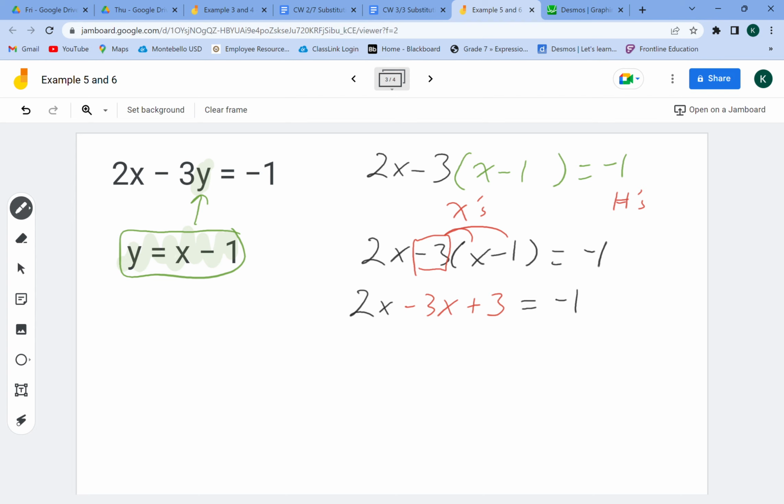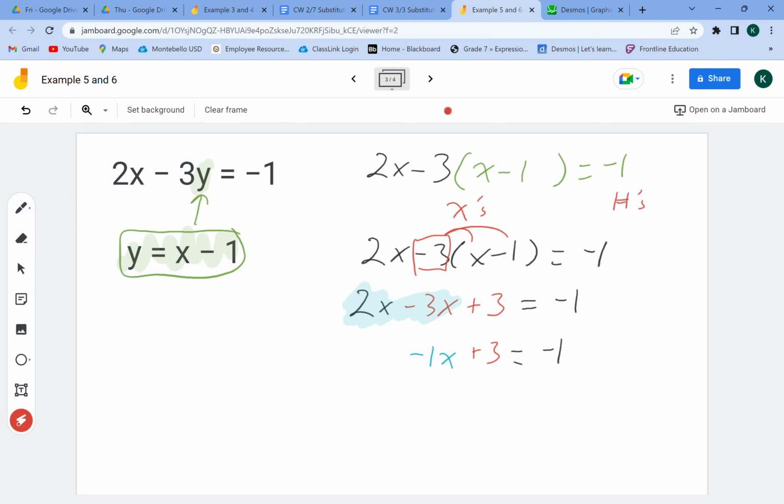Then I notice that there are like terms right here. If I combine those, 2x minus 3x, that's a war, and the negative team won by 1 point, so I get negative 1x. Then I bring down the plus 3 is equal to negative 1. Now it has turned into a two-step equation.